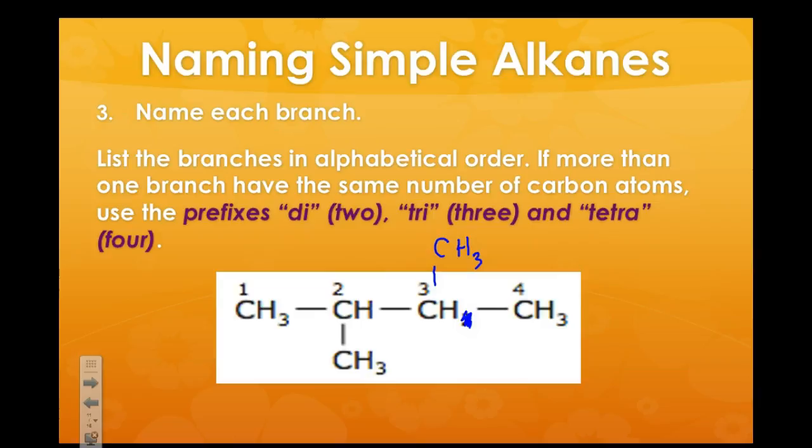Is it 2 or 3? What's the longest continuous chain of carbons? 6? Are you sure? Can I go 6 carbons in a row? I thought you just said the longest chain was 6. Longest continuous chain. I can't go 1, 2, 3, 4, 5, 6. It would need to be attached. It's still 4, right? So it's still butane.